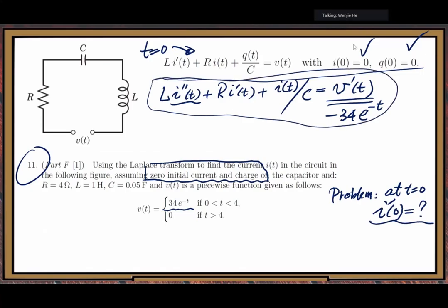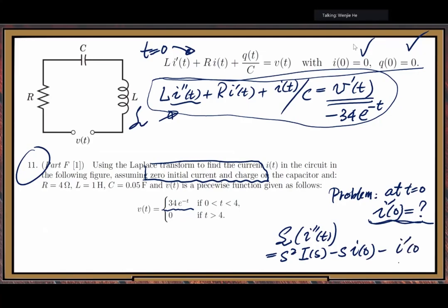Because when we apply Laplace transform L on this equation, we need I prime of 0, right? Think about it. When we apply the transform, we get s square capital I minus s times I of 0 minus I prime of 0, right?